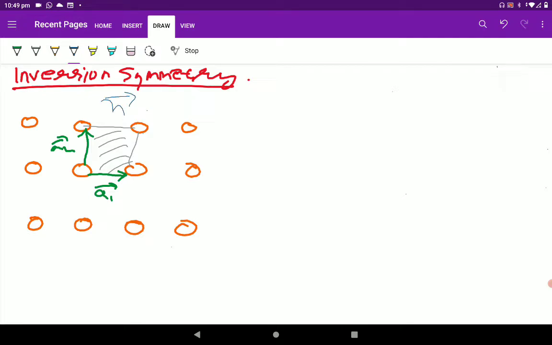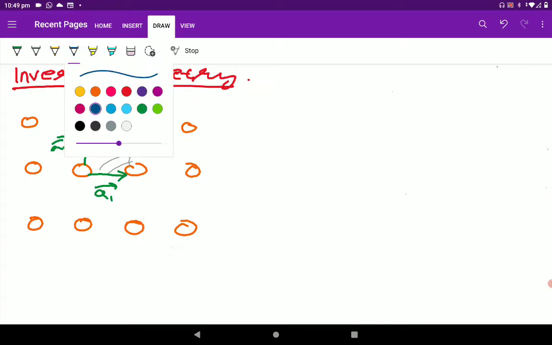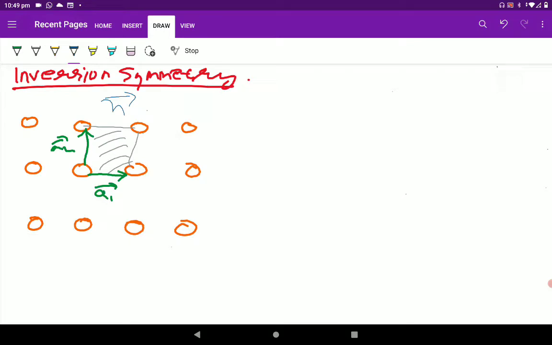Now, when we consider the inversion symmetry, after doing inversion, we understand nothing about the crystal changes due to this symmetry. While doing the inversion symmetry, the n vector becomes the minus n vector.